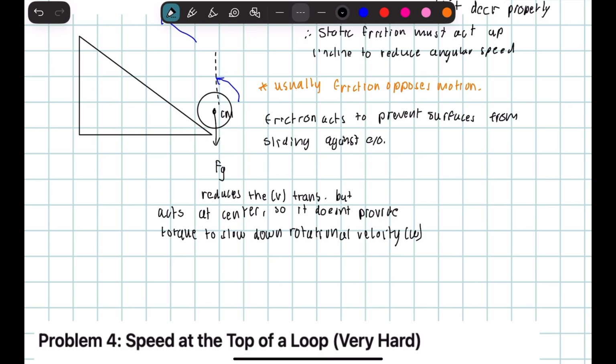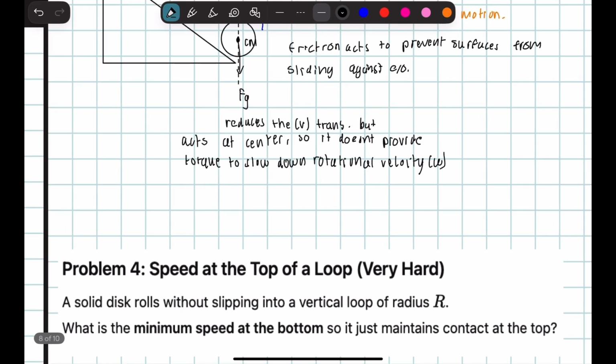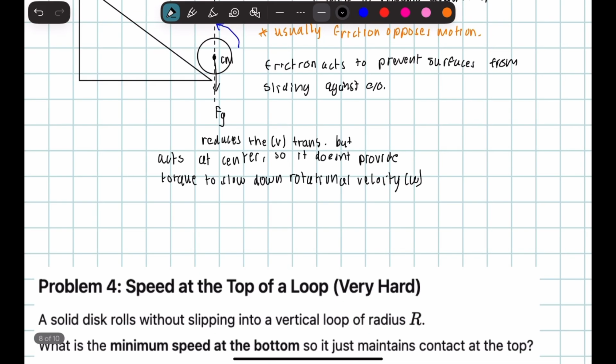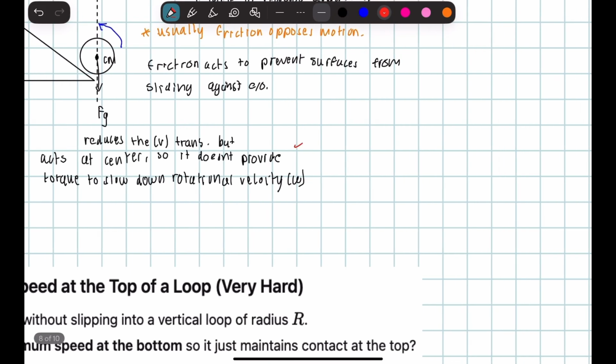And that's because it's right on the axis. This is the center of mass, so that's the axis of rotation of the ball, the sphere. Because there's no distance from the axis and no theta, it's just going to be no torque.